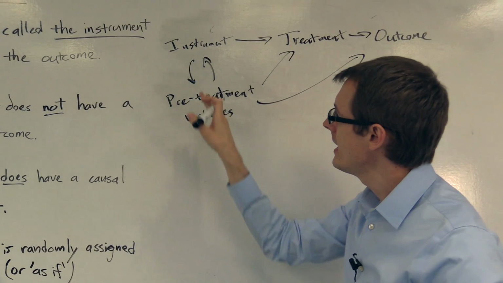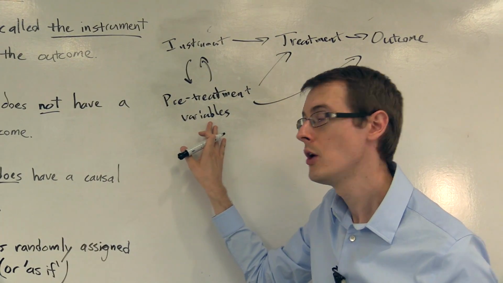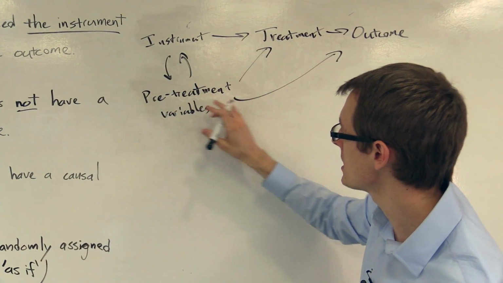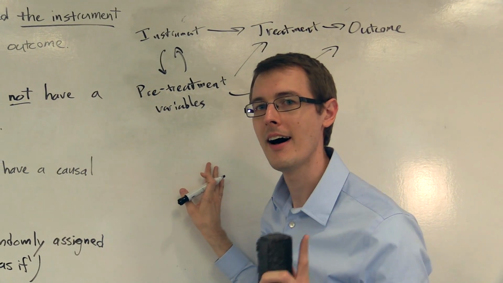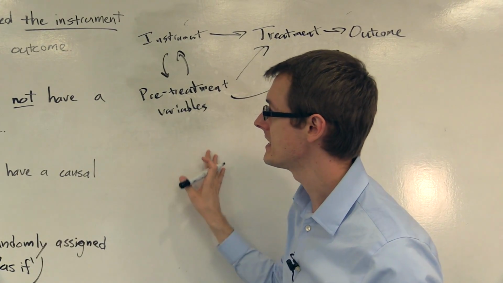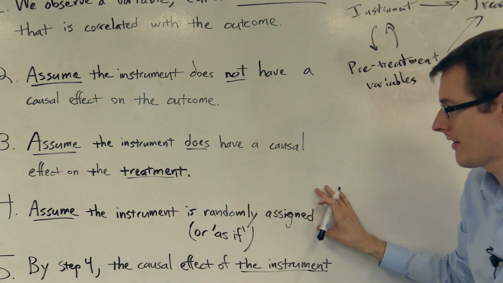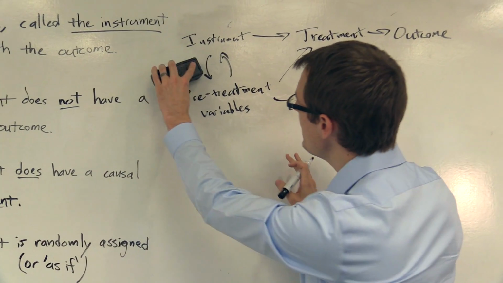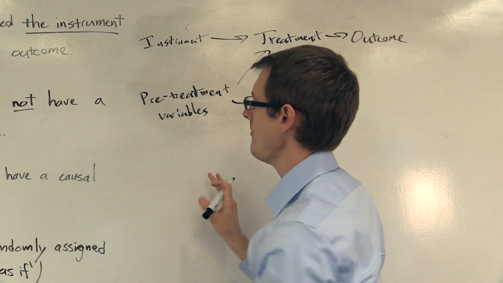Another possibility is that the instrument might affect some of the values of the pre-treatment variables, which in turn affect the outcome variable. So that's another possible path from the instrument to the outcome. But that also cannot be the case, because the instrument is randomly assigned, which means that it's not related to these pre-treatment variables. So these paths also do not exist.